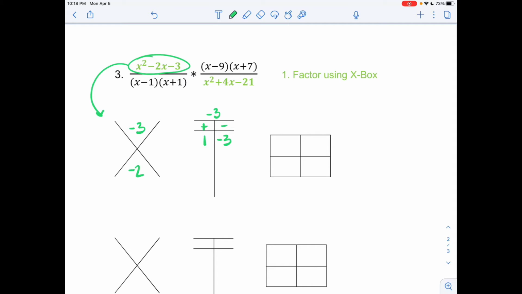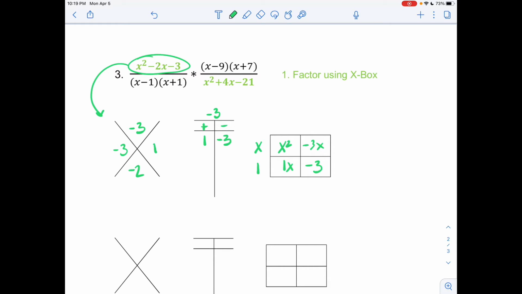So I can go ahead and fill in my x puzzle with a -3 and a 1, and fill that in my box. X squared, -3, I need a -3x and a 1. GCF, x and 1.